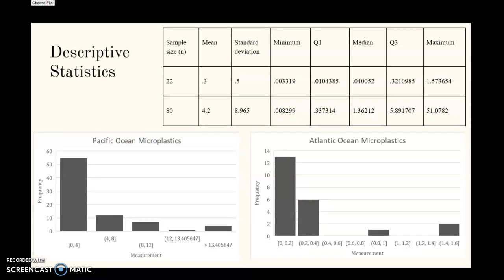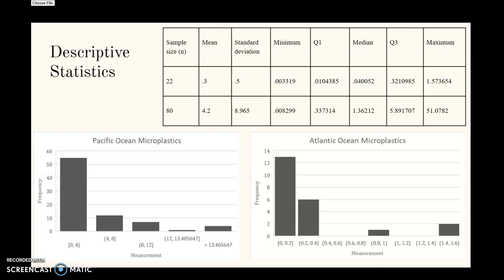Now for the descriptive statistics, I had to compare two of the sample means. The sample size for the Pacific Ocean was 22, and then we have the mean. If you look, we have the mean, the standard deviation, the minimum, the quartiles, max, and the median.